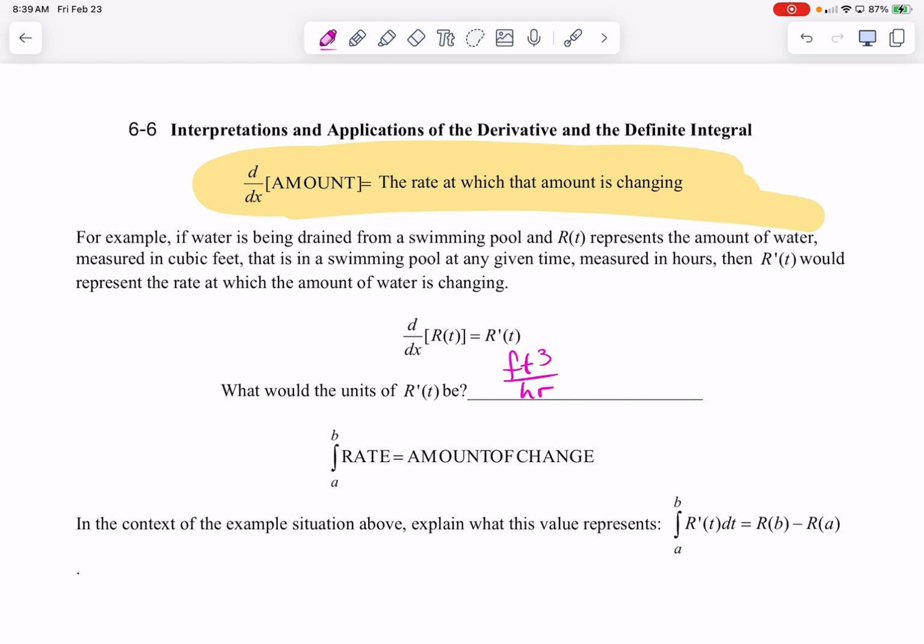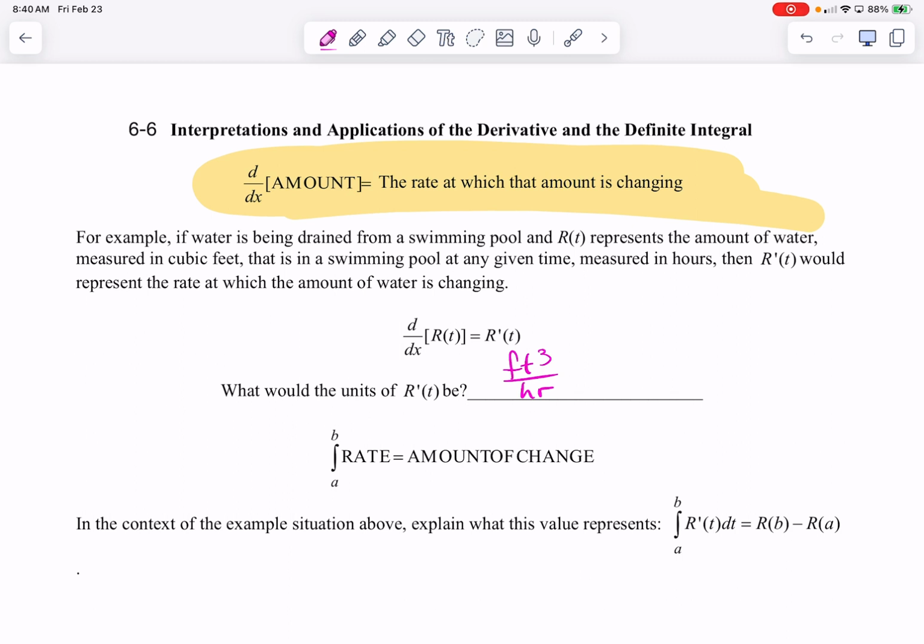Okay, so now we're going to go backwards with this. The integral from A to B of that rate is going to equal the amount of the change. So in the context of the above example, what does the integral from A to B of R prime of t dt, equaling R of B minus R of A, mean? What does this represent?